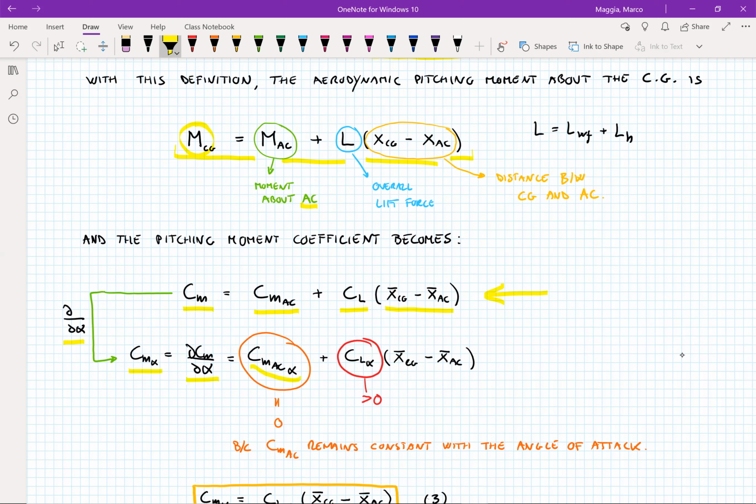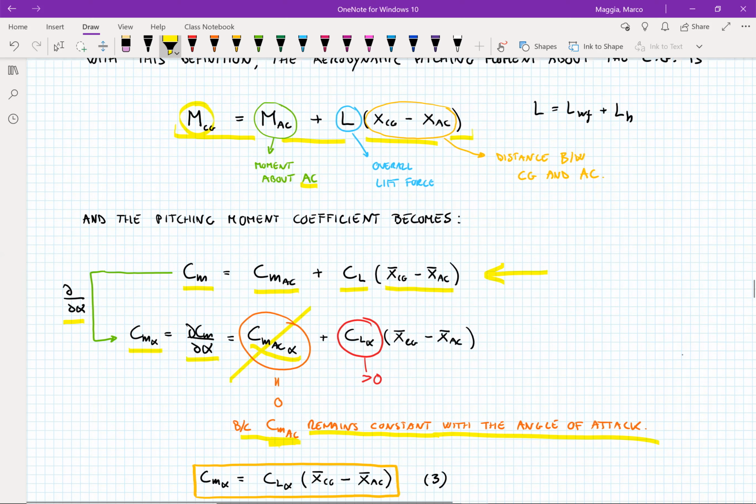So we're going to have Cm alpha, by the definition, partial Cm partial alpha, is equal to CMAC alpha, which is 0 because the value of the pitching moment with respect to the aerodynamic center remains constant with the angle of attack. So if you take the derivative with respect to the angle of attack itself, you're going to get 0. So now this term goes away, and the last term is going to be Cl alpha times the distance between the center of gravity and the aerodynamic center.